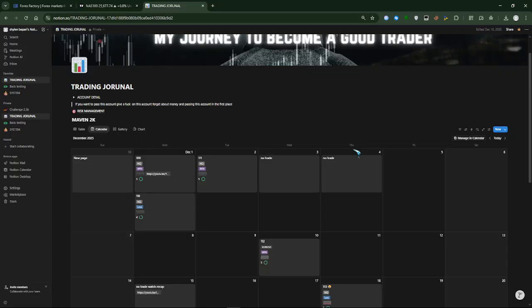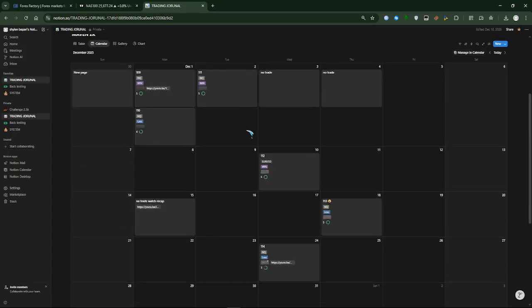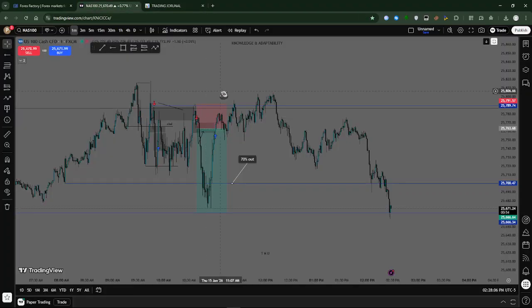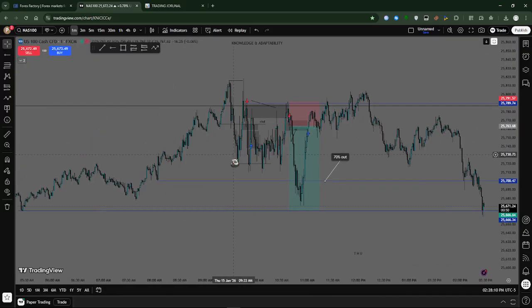Because if you look back into the losses, I understood what you understand in this case is something like this. Previously, I would think: we had this liquidity taken, if we respect it, I can look for price to go higher.